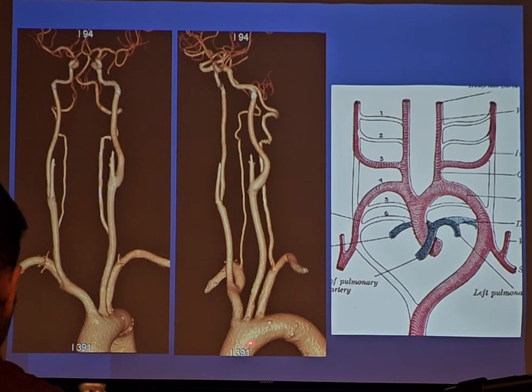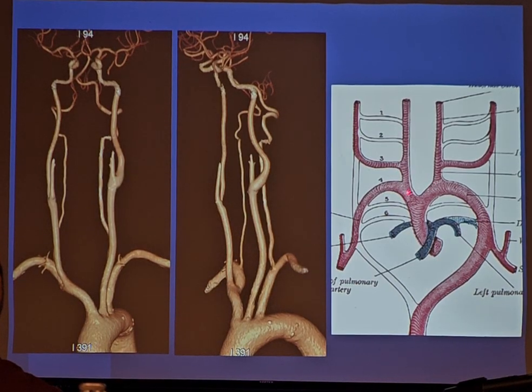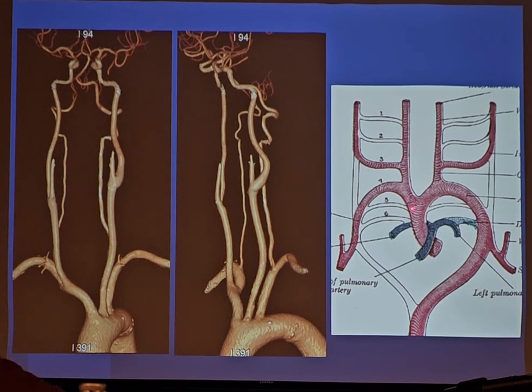Okay? The ascending aorta, which is part of the trunk, and the ascending part of the aortic arch is part of the left dorsal aorta. The right ventral aorta becomes the brachiocephalic artery or innominate artery. Okay.